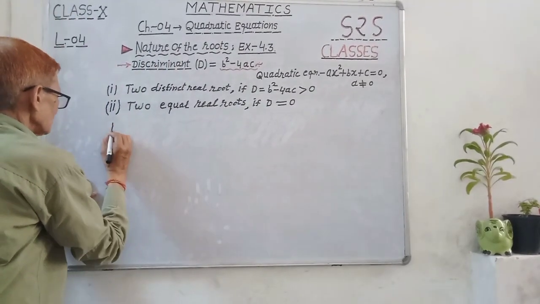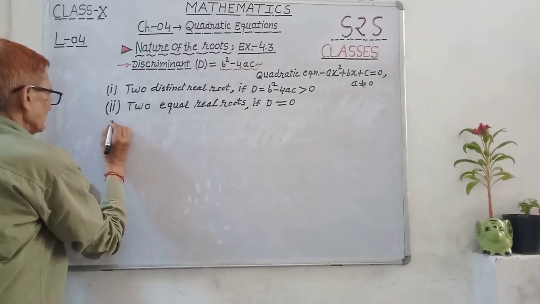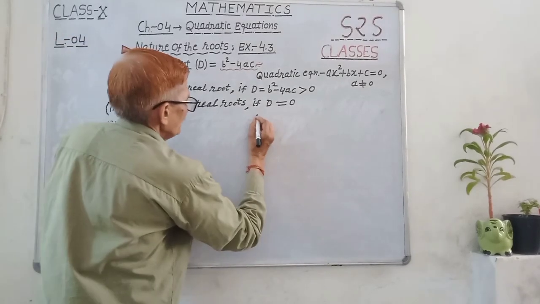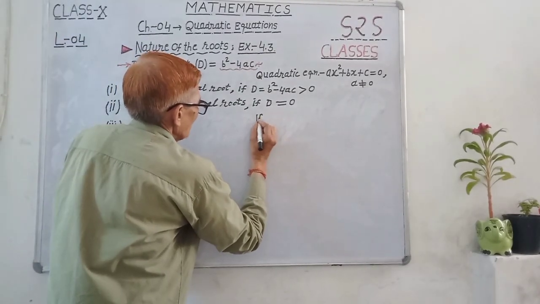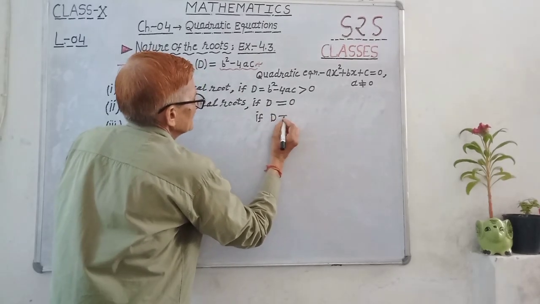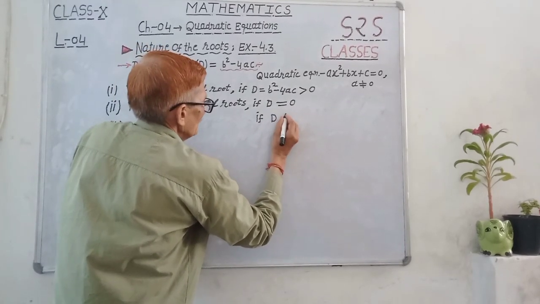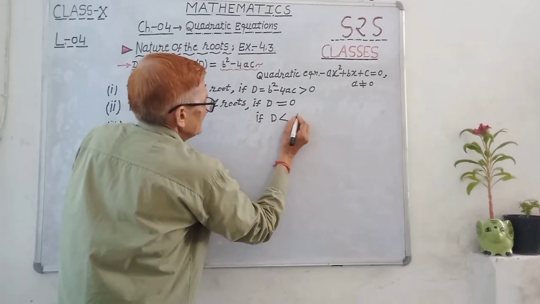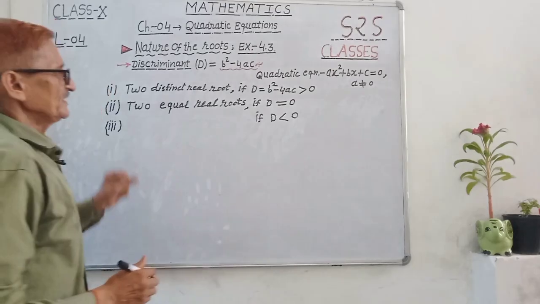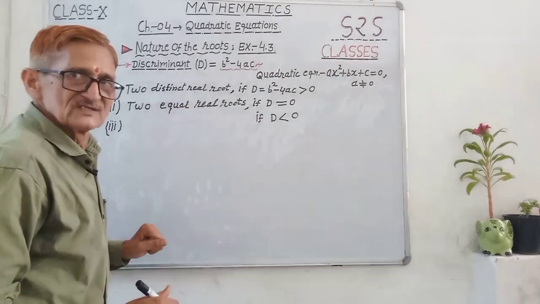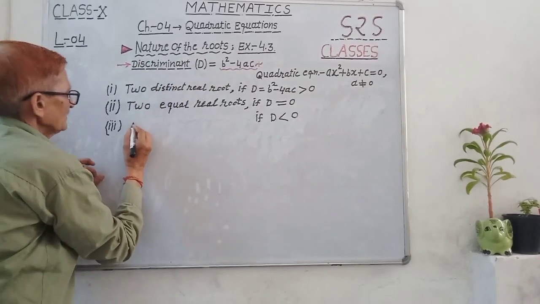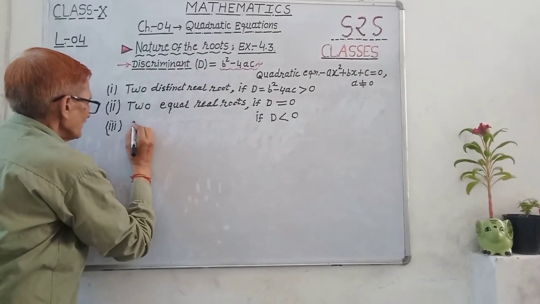Okay, third case. If the discriminant value, b square minus 4ac value, is negative, means less than 0, any negative real number, then this is the nature of the roots: no real roots.